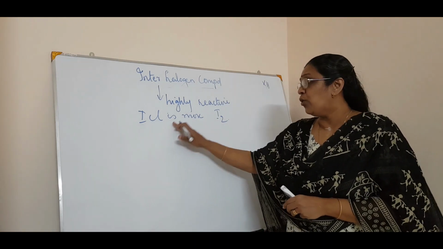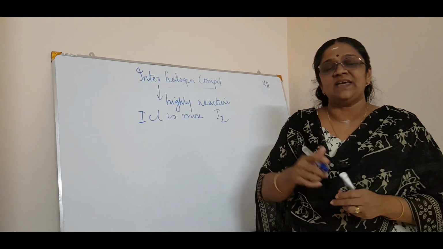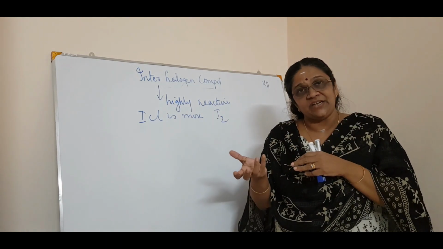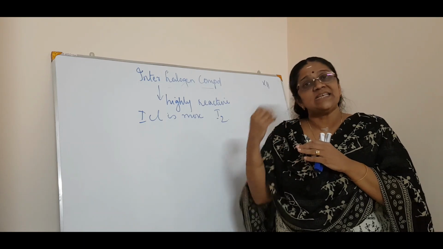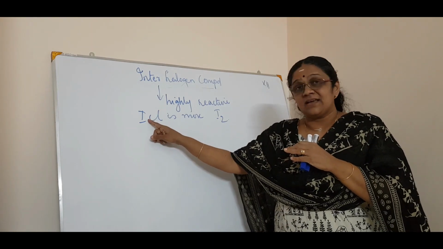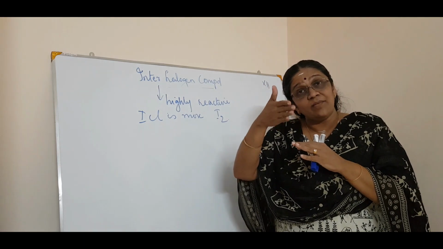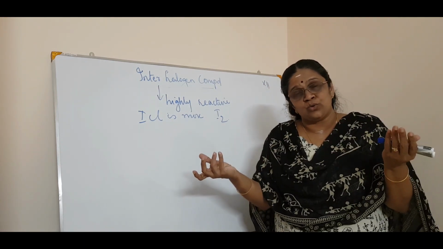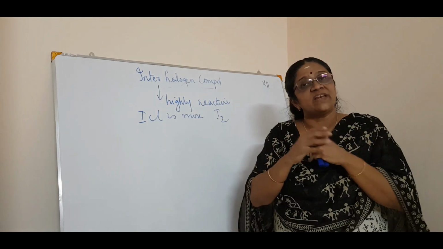The reason is, it is a simple logic. Whenever a compound is more reactive, the reason behind it is that the bond can be easily broken. Then only it will come into its respective atoms and go for the reaction.